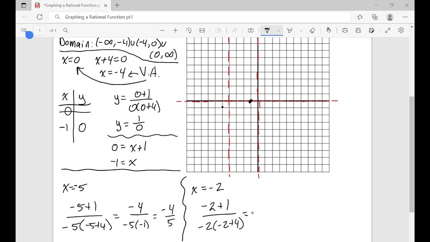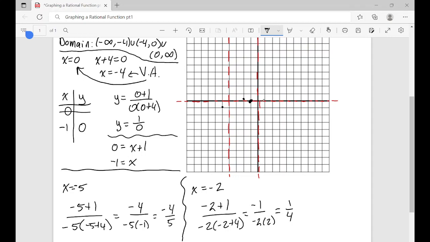That's going to end up giving me -1 over -2 times 2. And that's going to give me a positive 1/4. So it's positive. So it's somewhere above, right about there.